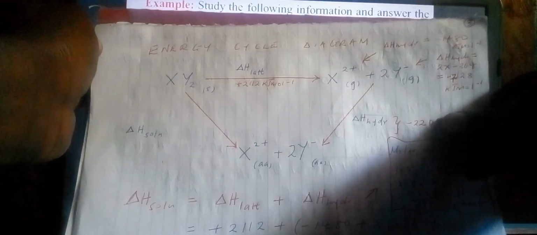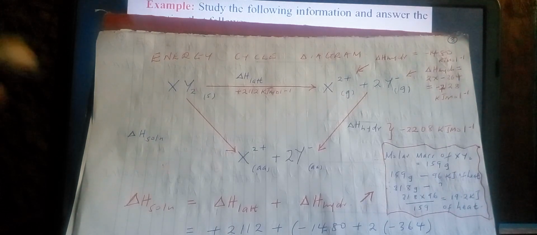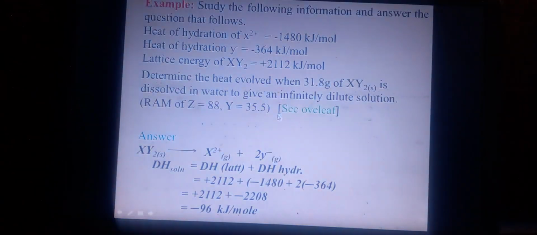So you can go slowly through that example once more, slowly by slowly, so that you are able to understand how we worked out that question. So now we move next and look at, so that is how it was worked out.